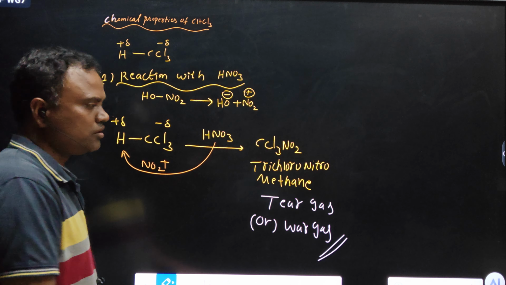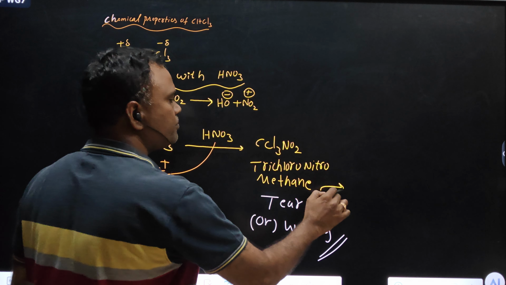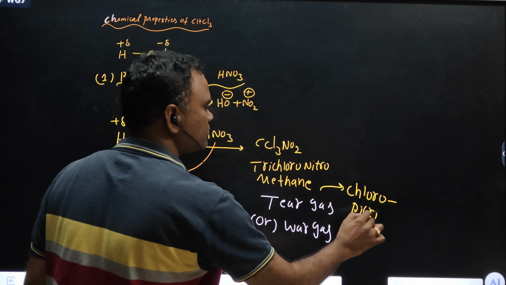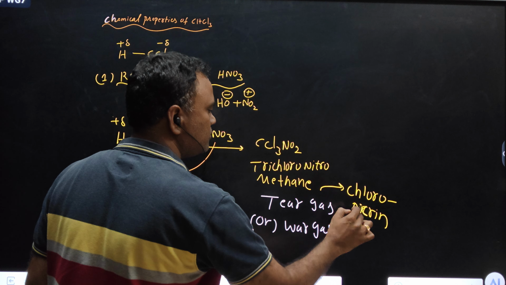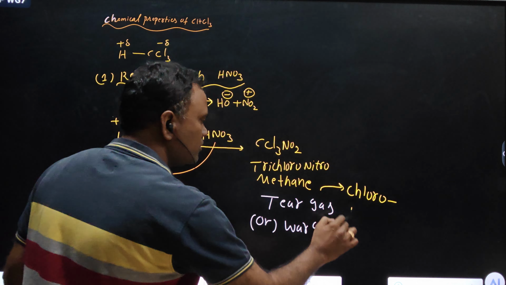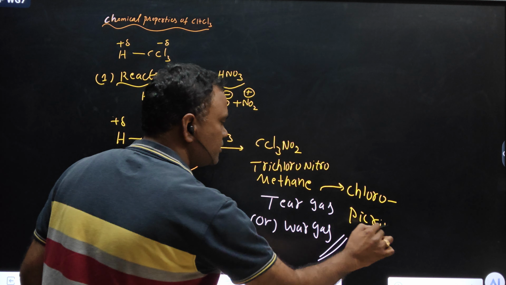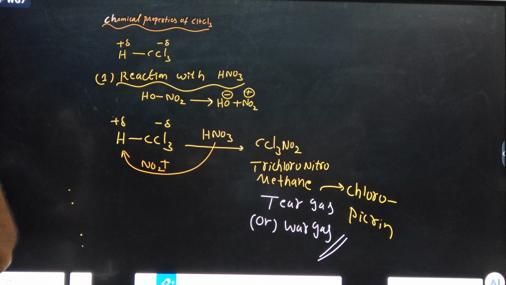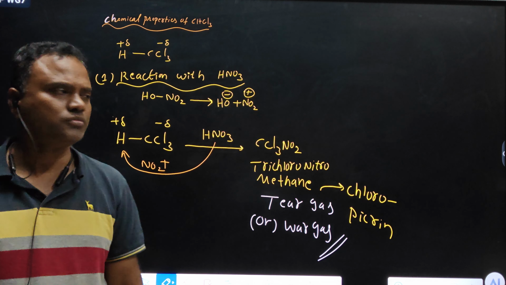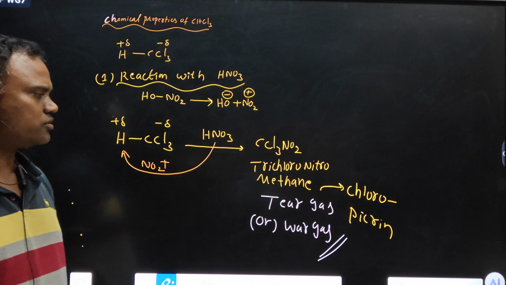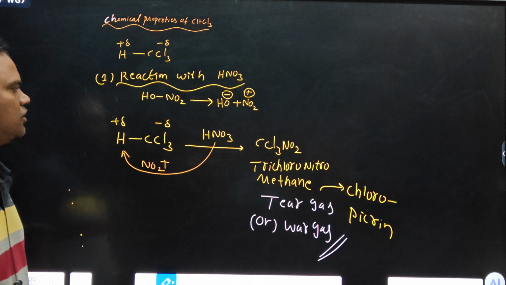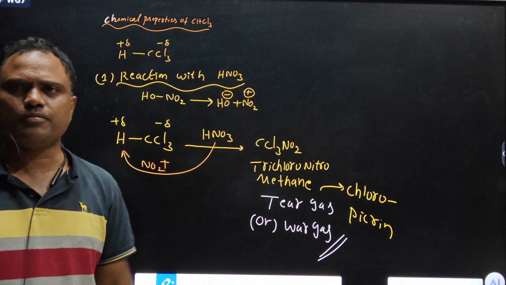Another common name is tear gas, war gas, chloropicrin. So many names are there. Trichloronitromethane, also called chloropicrin, also called tear gas, also called war gas. Okay? First reaction is completed.